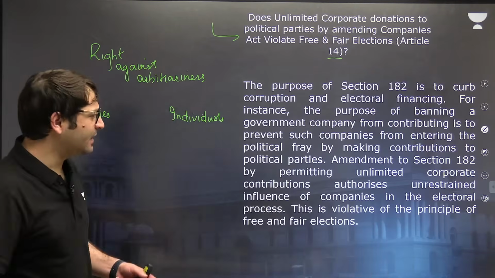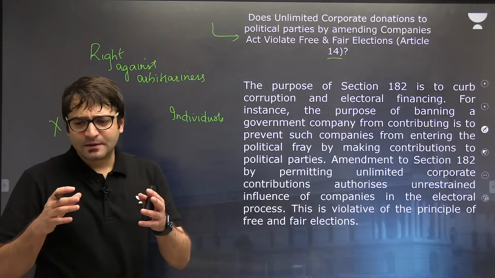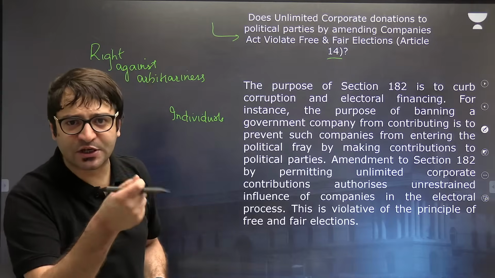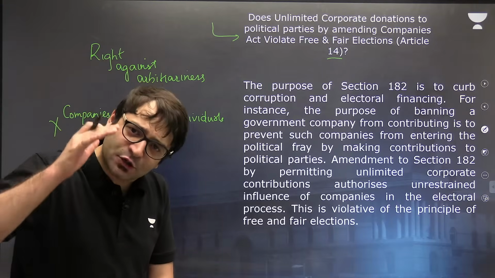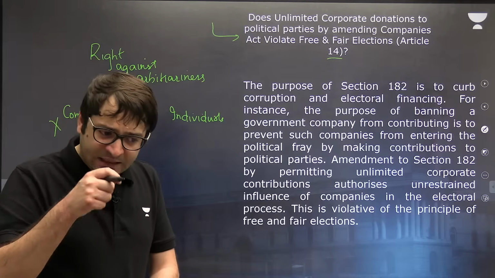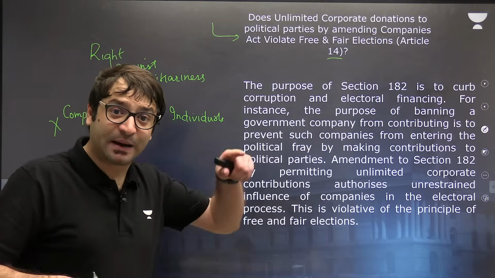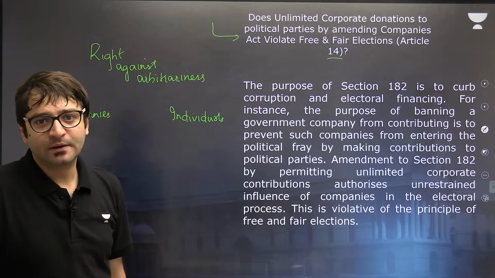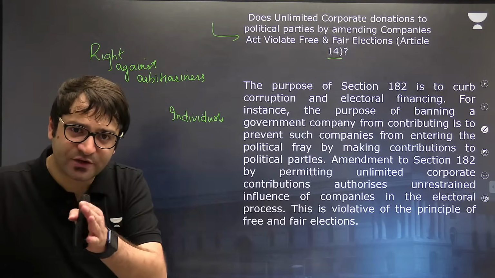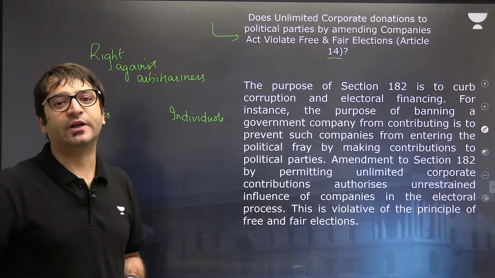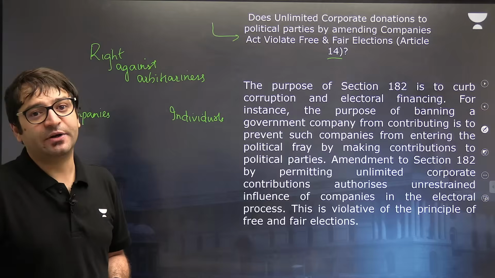The Supreme Court said the potential of a company to influence policies of the government is much, much more than the influence which can be imposed on political parties by individuals. So by equating and treating individuals and companies alike, you're violating Article 14, which is the right against arbitrariness.